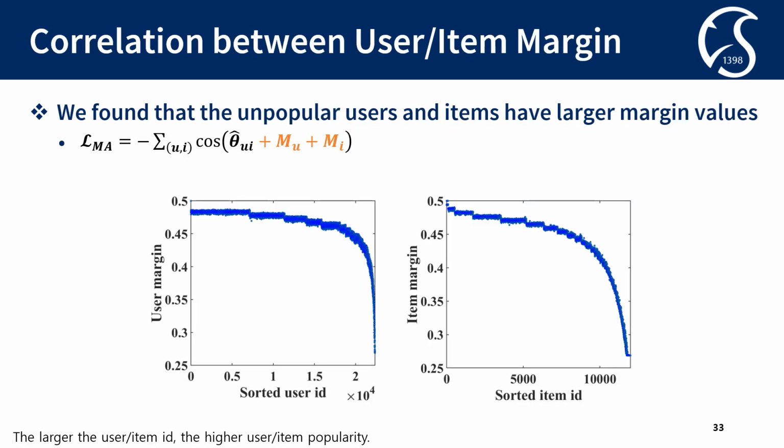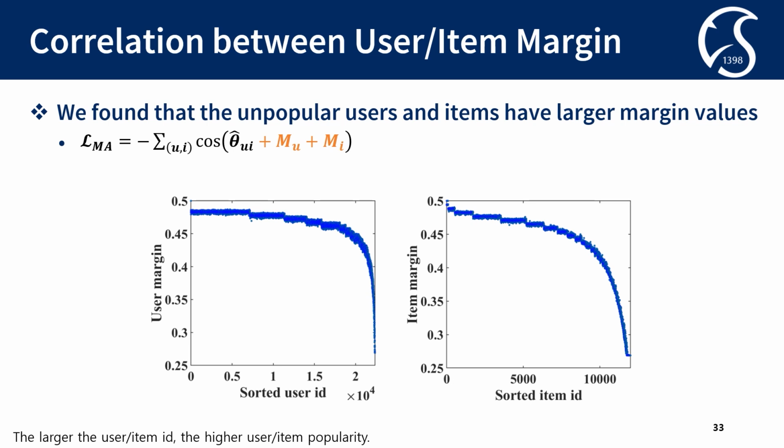So now let's check if the user item margin values are trained well. In the figure, the larger the user item ID, the larger the user item popularity. As we intended, unpopular users and items have larger margin values.